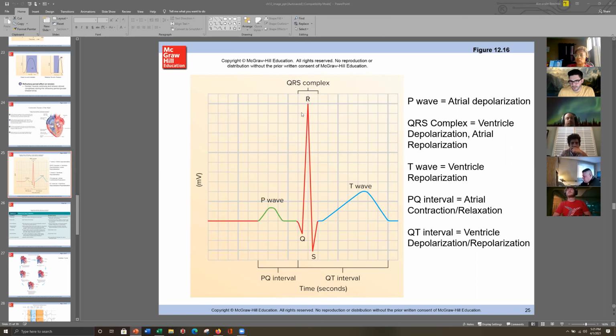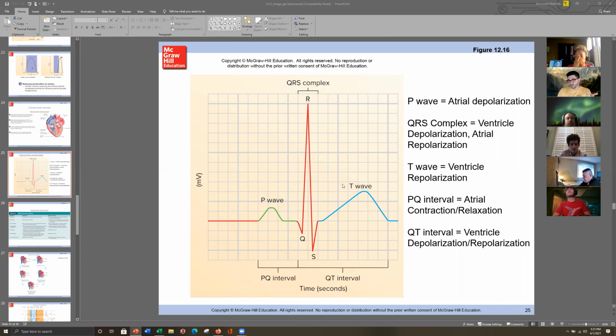Then we get to the QRS complex here. And so this one actually tells us two different things that are going on. This is representing the atria repolarizing, but also the ventricles depolarizing, right? So two different things are happening in the QRS complex here. We have atrial repolarization and then ventricular depolarization, all right?